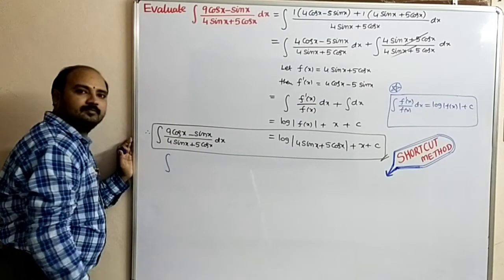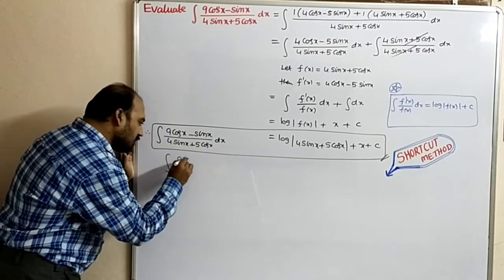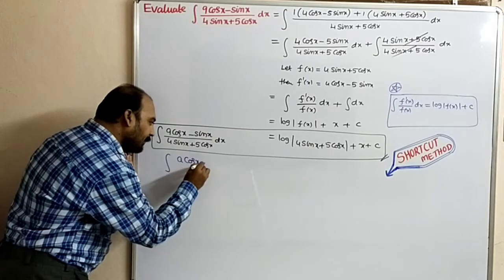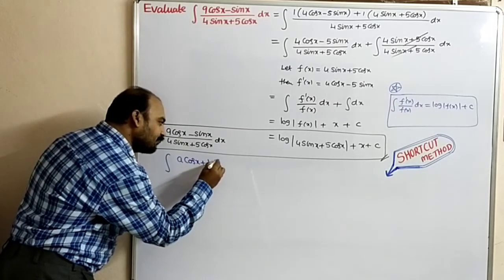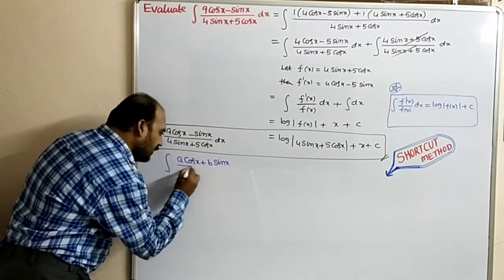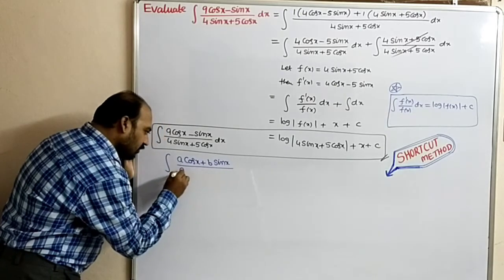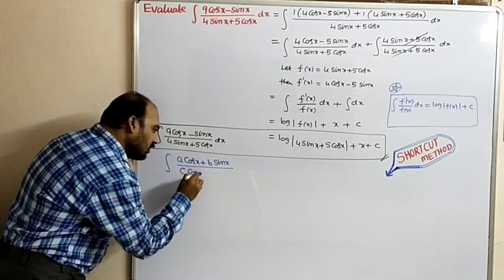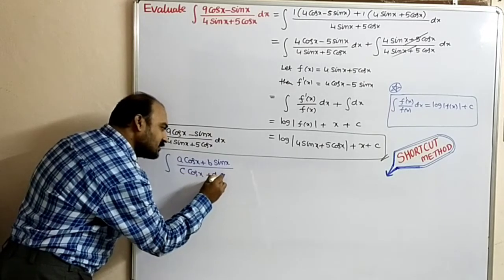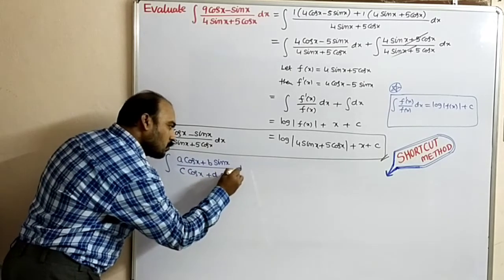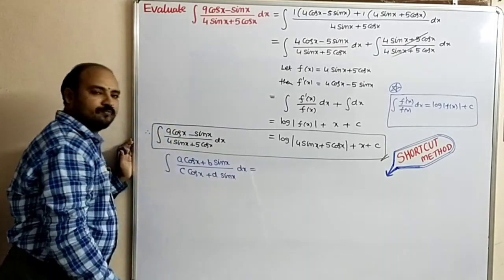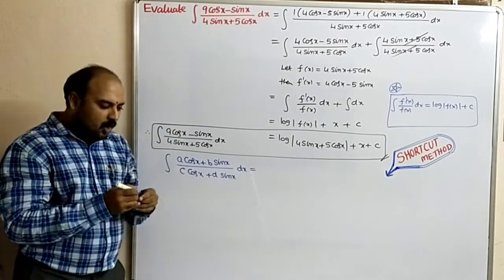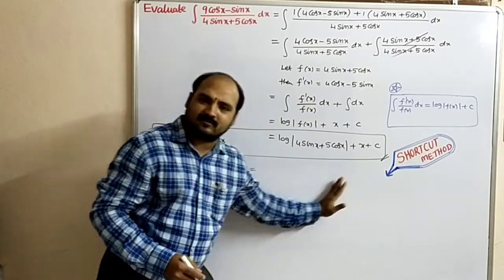Integral (a cos x + b sin x) divided by (c cos x + d sin x) dx, which is equal to... So how to remember this answer easily?